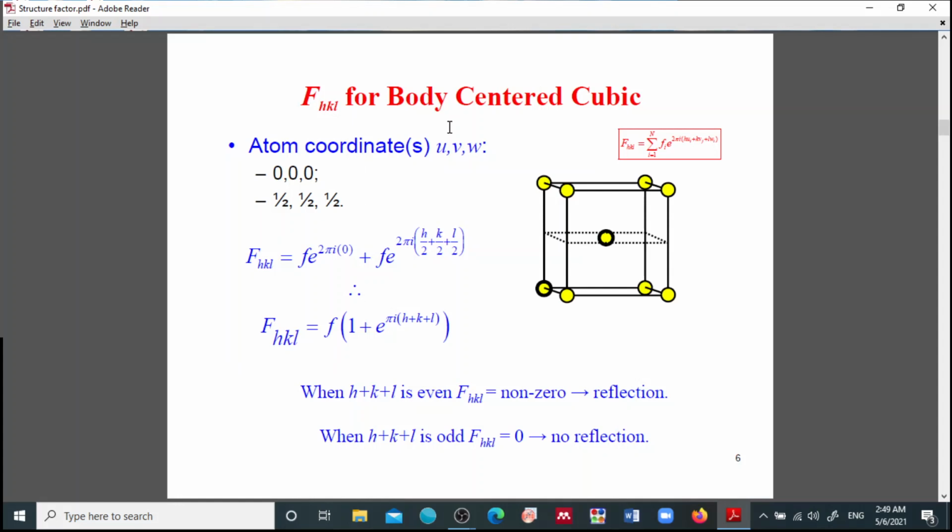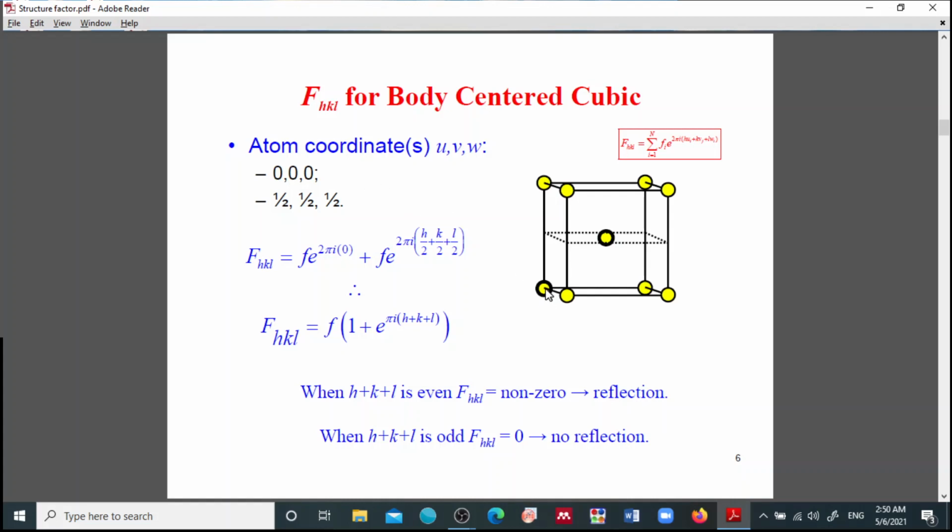As far as the body-centered cubic structure is concerned, for this type of structure we have 2 points per unit cell, and the atomic coordinates are 0, 0, 0. So one of the 2 atoms can be considered as your origin. As I told you, this particularly simplifies the case once you consider 1 point as your origin.